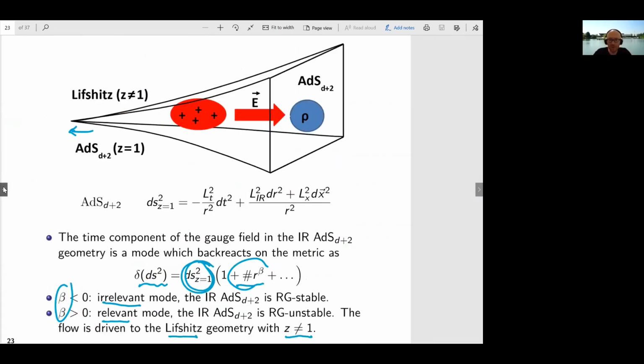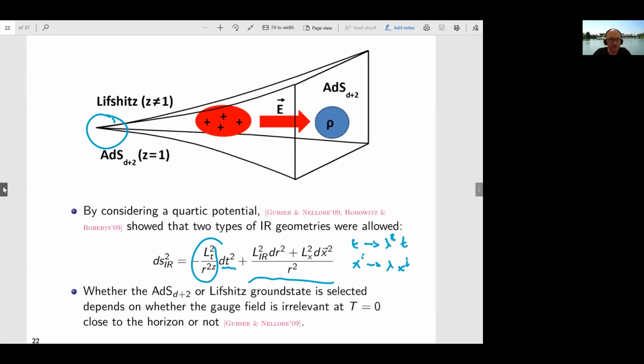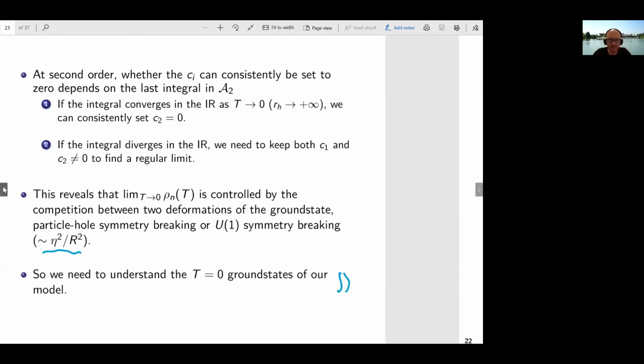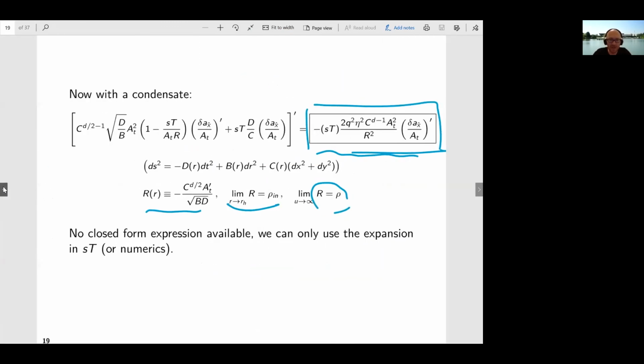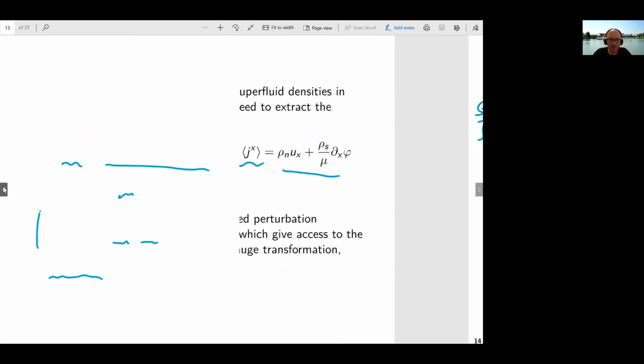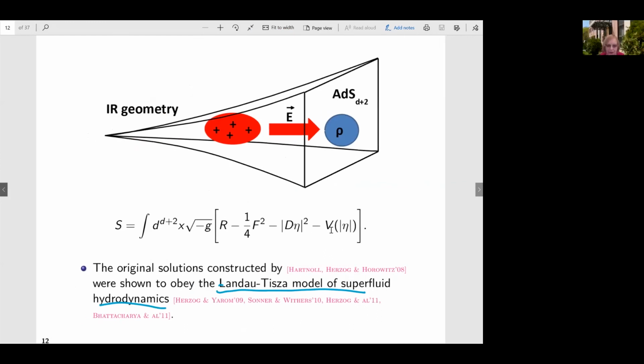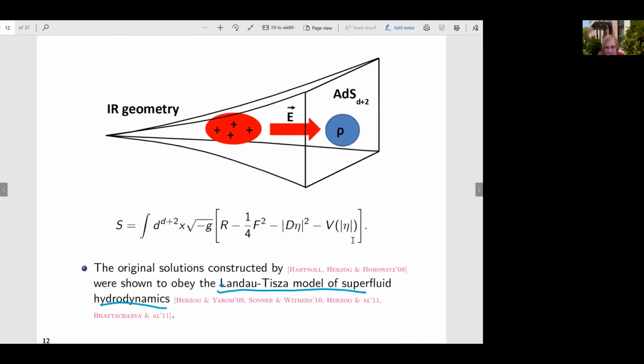So numerically, we solve Einstein's equations. You start coupled to the complex scalar. Yes, we start. Sorry, maybe this wasn't clear enough. Throughout the talk, the theory I'm solving is the theory for the original holographic superconductor. This one, with a quartic potential. I see. So you fix the potential.